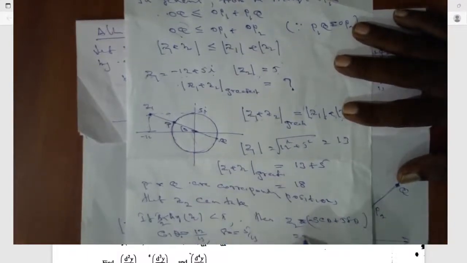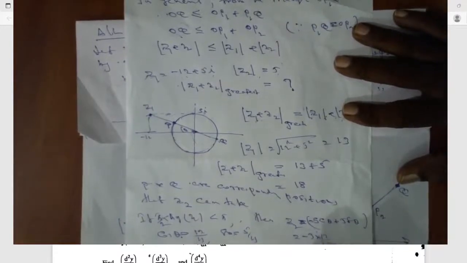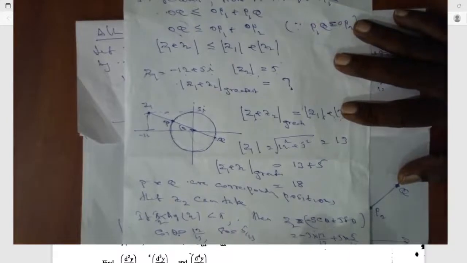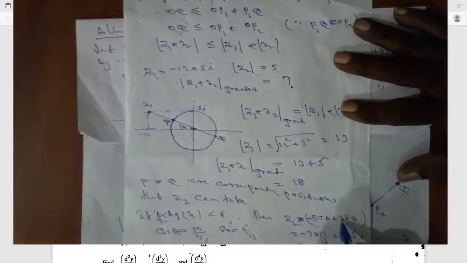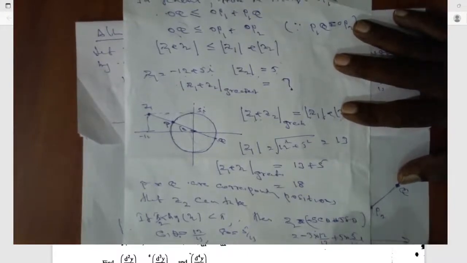So if you substitute minus 5 times 12/13 plus 5 times 5/13 i, and take 5/13 out, you get minus 12 plus 5i.